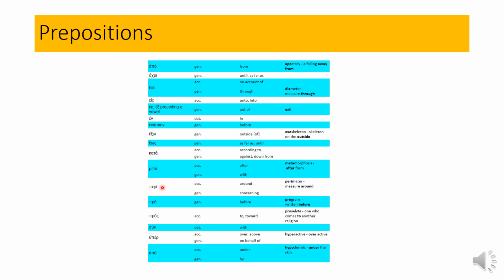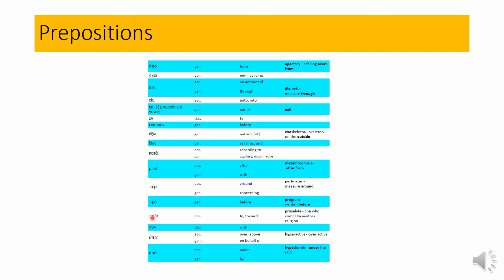The preposition peri can also be used with two cases in Greek, the accusative and the genitive. If peri is used with an accusative case, it's translated around. If peri is used with a noun in the genitive case, it will be translated concerning. The preposition pro is used only with the genitive case. If pro is used with a noun in the genitive case, it will be translated before.